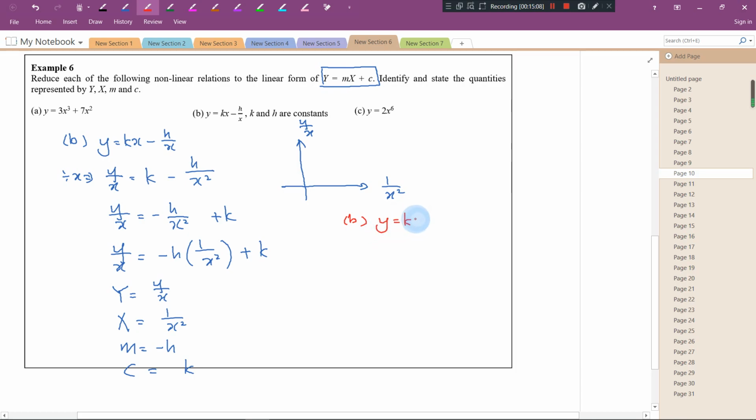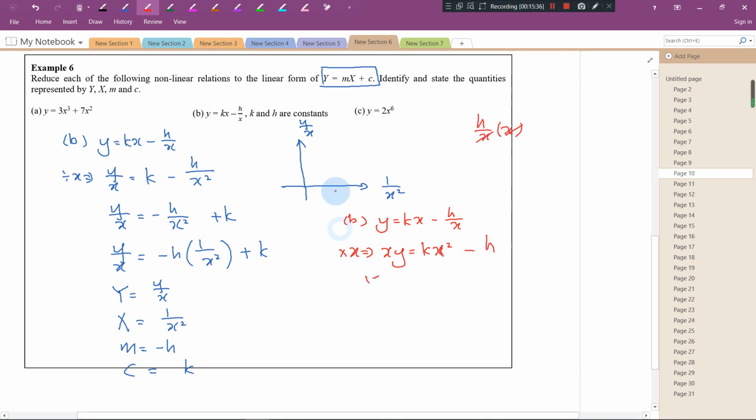Y equal to kx minus h over x. I just multiply this whole function by x. Here will become xy. This will become kx squared. And this will become negative h, because h over x times x cancels out, you will get negative h.